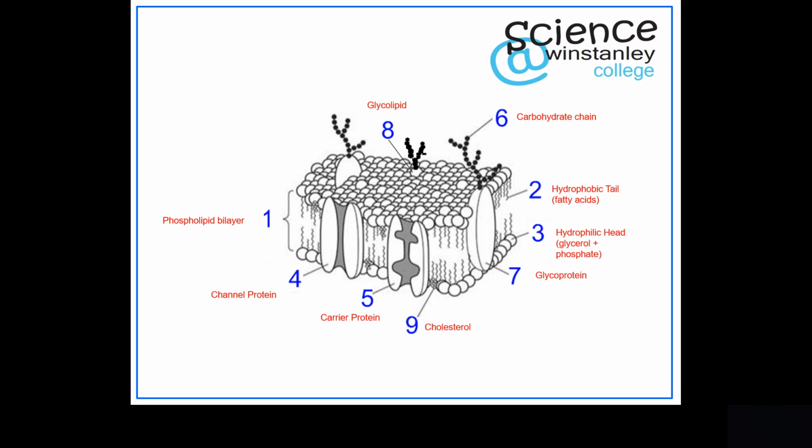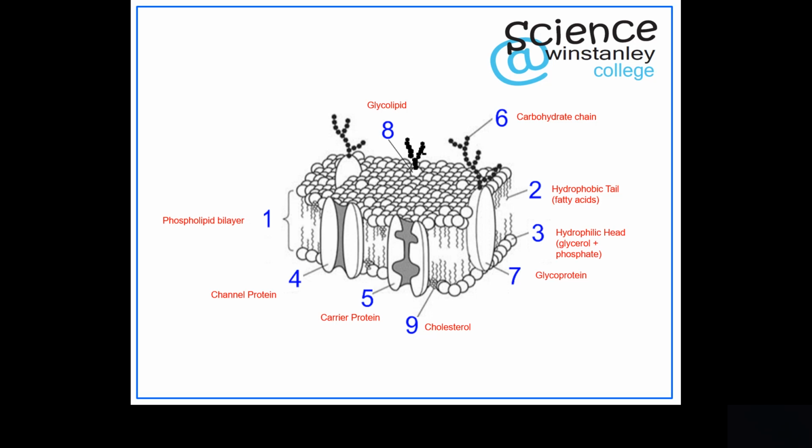Another job it has is stopping molecules that are like water, the polar molecules, but it will allow non-polar molecules to pass through. They are molecules that are like fats. So anything that is like a phospholipid, anything that is like a lipid or a fat, can go straight through the membrane. Anything that is polar and is like water can't go through the membrane.